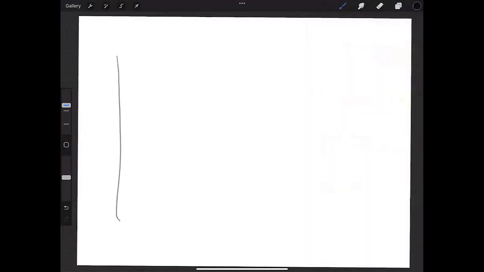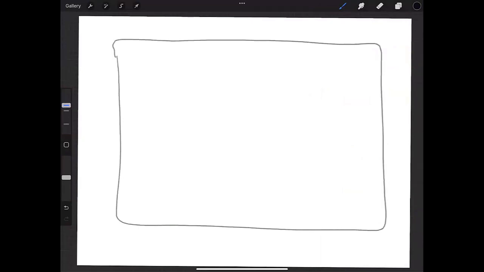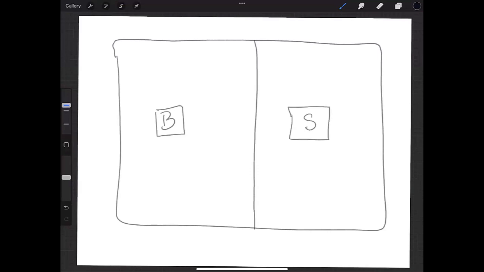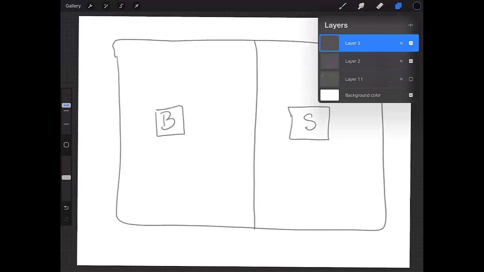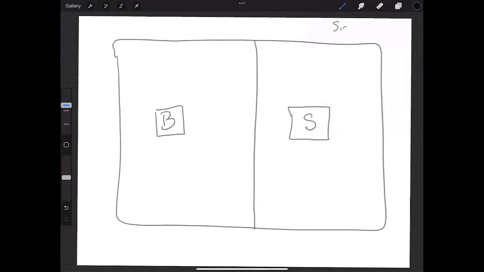So let's pretend this square is the transaction. And this transaction has a buyer and a seller. Now, I think it would be clear that in single agency, the buyer could hire XYZ as the broker or the company, and the seller could hire ABC.